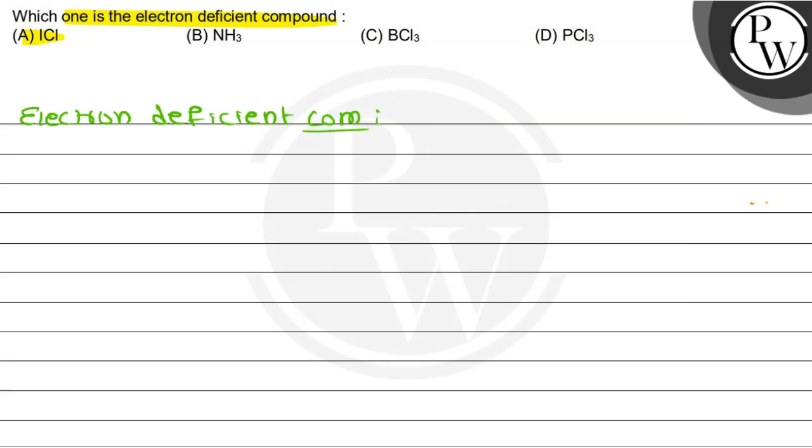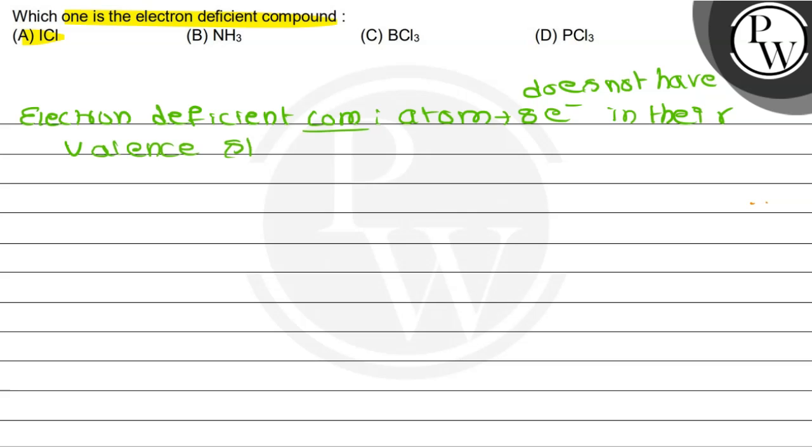That means it is a compound in which atoms do not have 8 electrons in their valency shell to complete their octet.